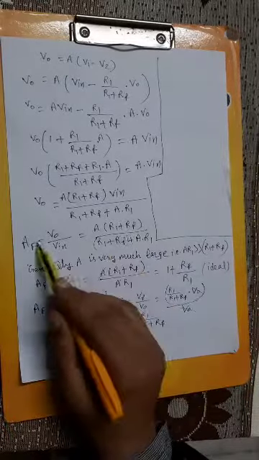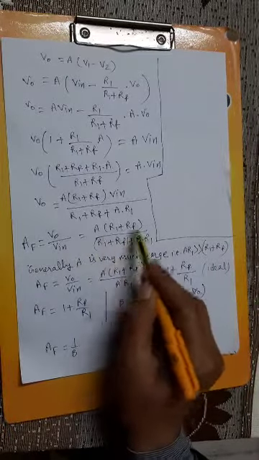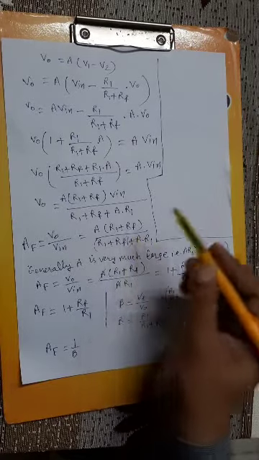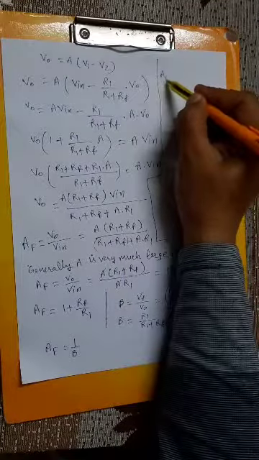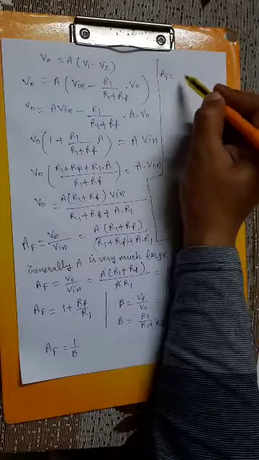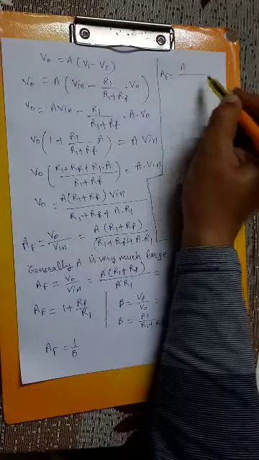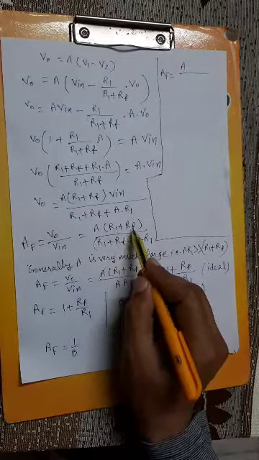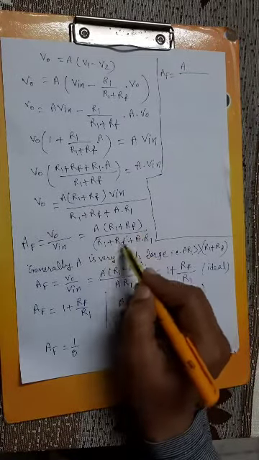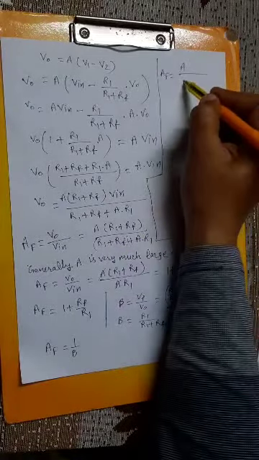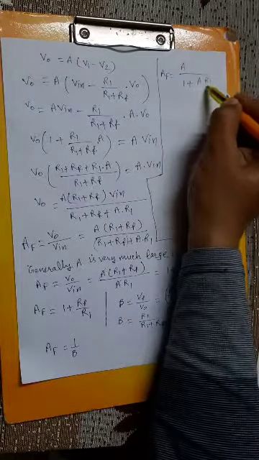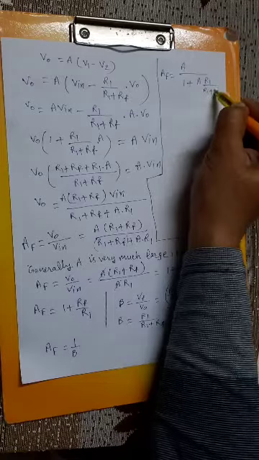If you divide the numerator and denominator by R1 plus Rf, AF is equal to A by (1 plus A R1 by R1 plus Rf).